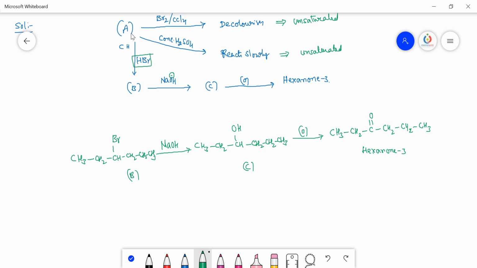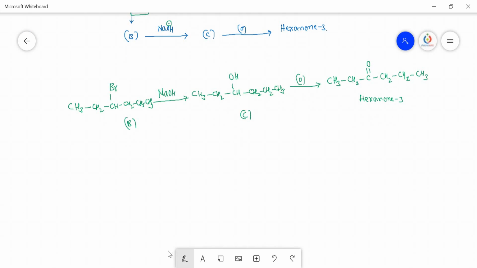Only one HBr involved means compound A must be an alkene. If it were an alkyne, two HBr molecules might have been involved. So this molecule is an alkene. In an alkene, hydrogen on one side and bromine on the other side will be added to the double-bonded carbon atoms. You can take a double bond between these two carbon atoms or these two carbon atoms, and you will get the same molecule.